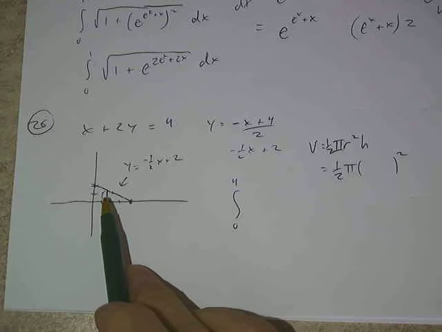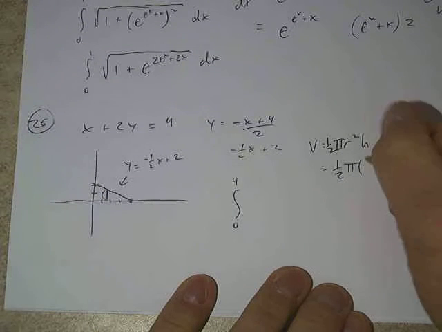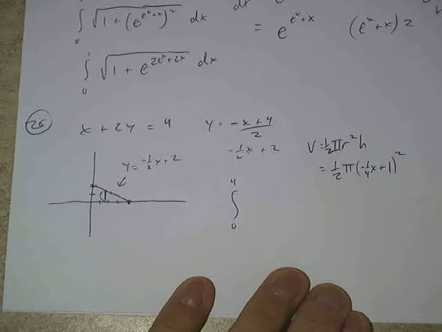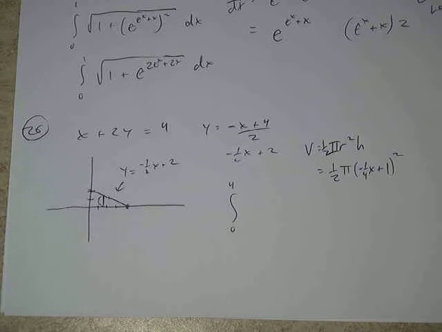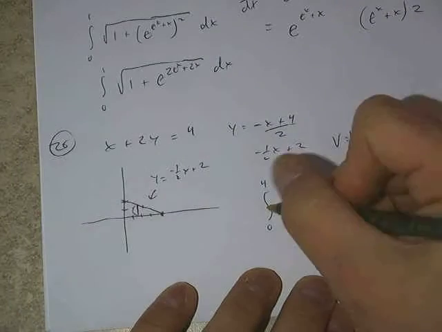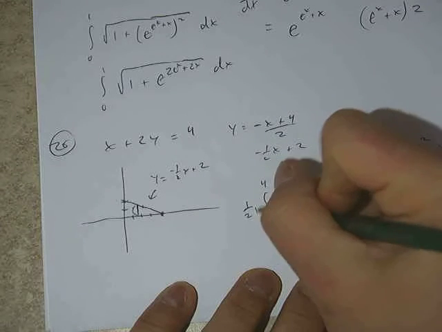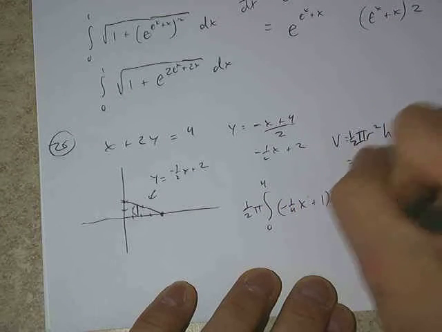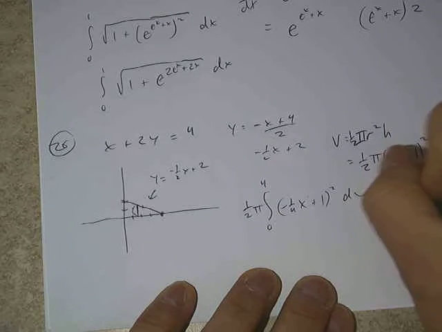It'd be half of y here. So ultimately we'd have negative 1/4 x plus 1, because it would be half of that y value that we see there on our semicircle. And then the h is the thickness, which is change in x. When we write it as an integral, I'd factor half pi out here: negative 1/4 x plus 1 squared dx.